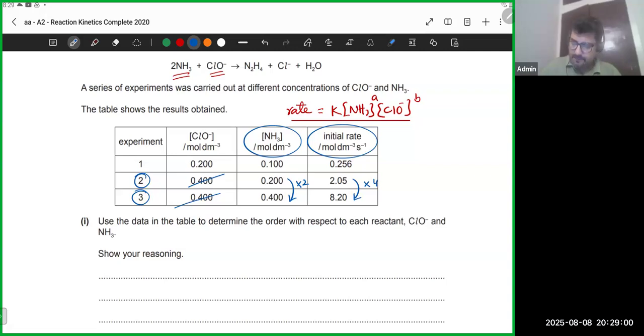So that clearly means, the first thing we do is, if you compare experiments 2 and 3, what's happening is that ammonia concentration is being doubled and your rate increases 4 times.